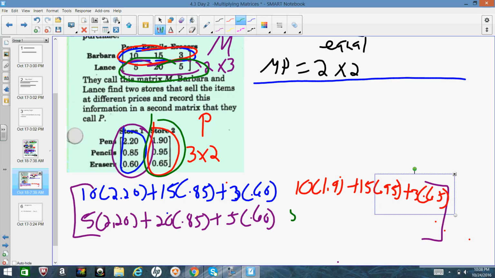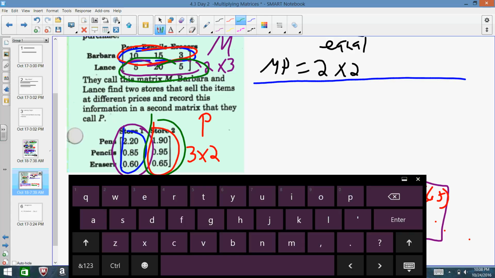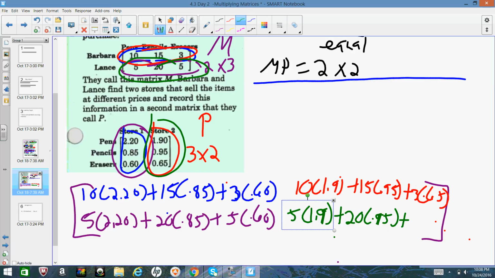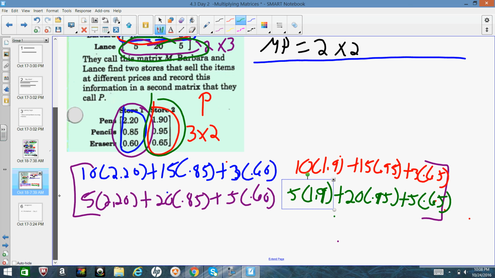So I would have 5 times 1.9 plus 20 times 0.95 plus 5 times 0.65. So that would be my multiplication matrix.